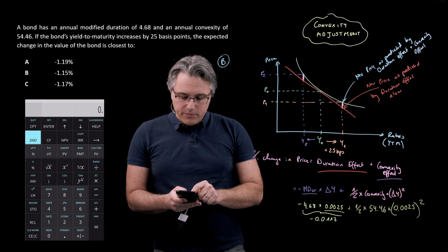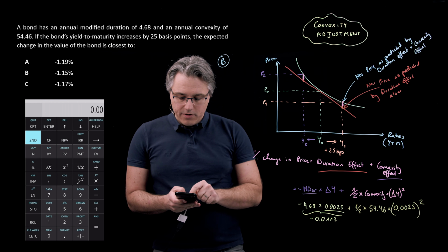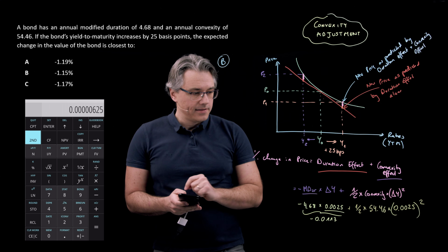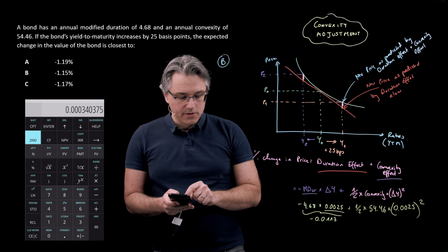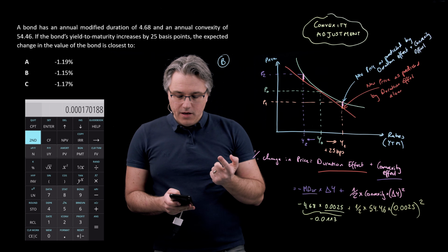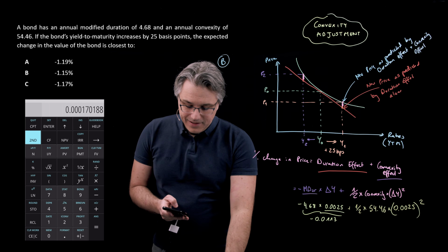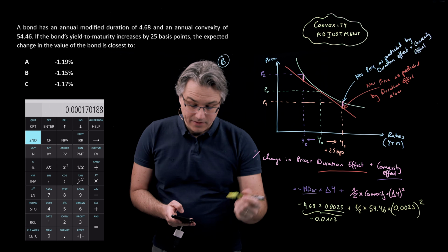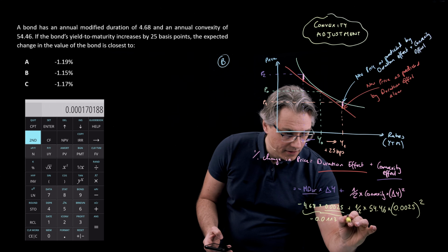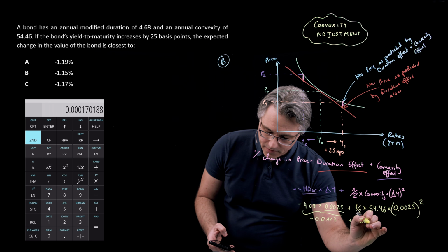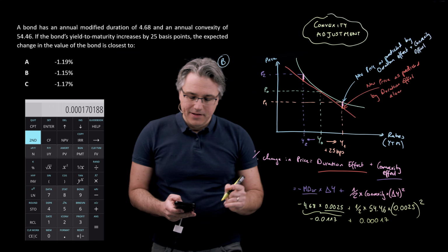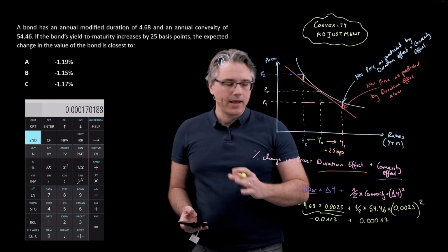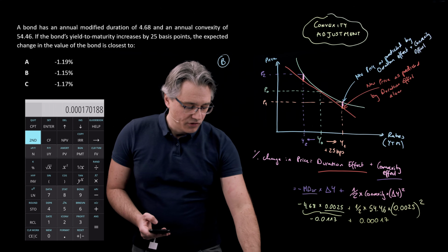I'm going to start from the end, 0.0025, square this, times 54.46, times 0.5. And okay, this comes in at an absolutely positive 0.00017. Now, obviously, there's a little bit more hanging at the end, but I'm not going to put that down.